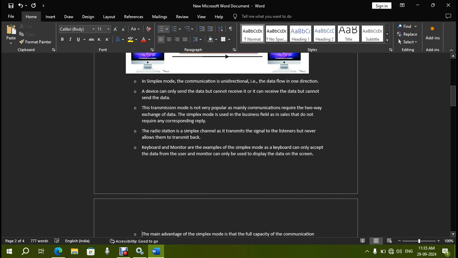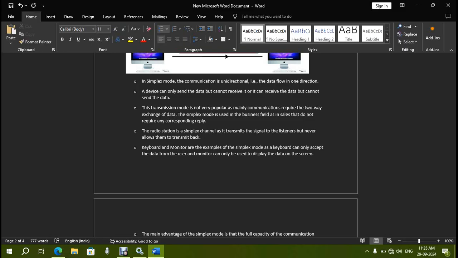Another example is the keyboard and monitor, which are examples of simplex mode, as the keyboard can only accept data from the user and the monitor can only display the data on the screen.